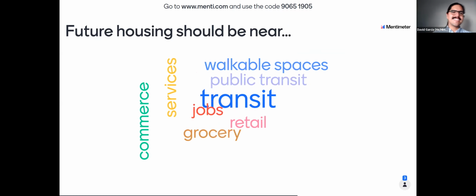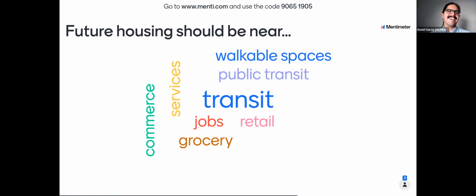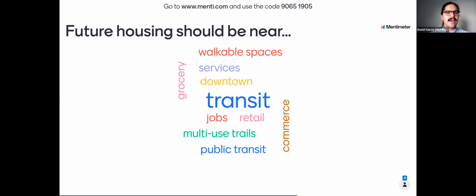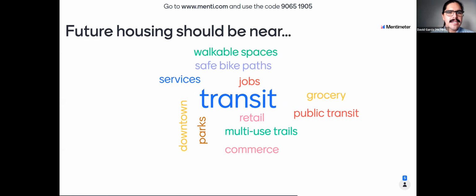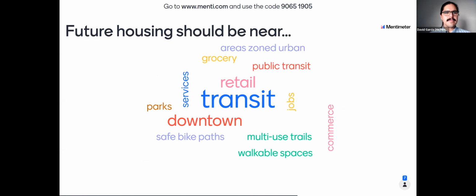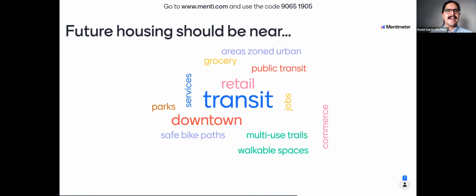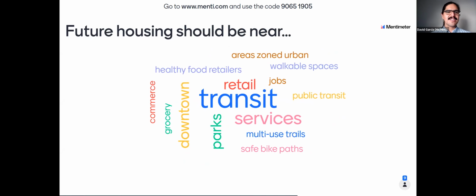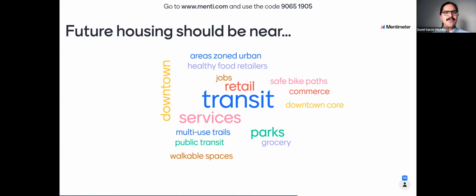So we have transit, walkable spaces, some other active transportation spaces, also public transit, services, be close to downtown or in downtown, close to parks, close to healthy foods, walkable.